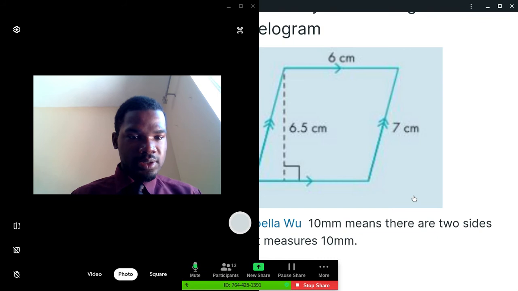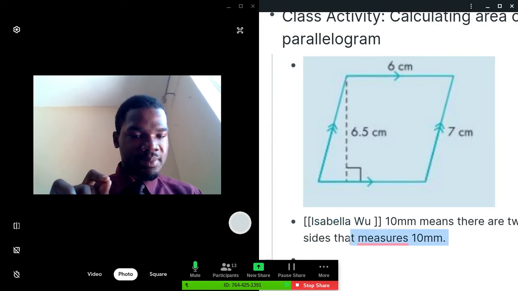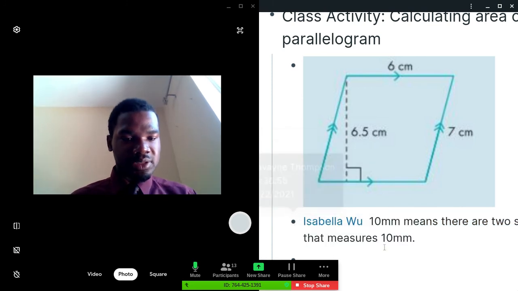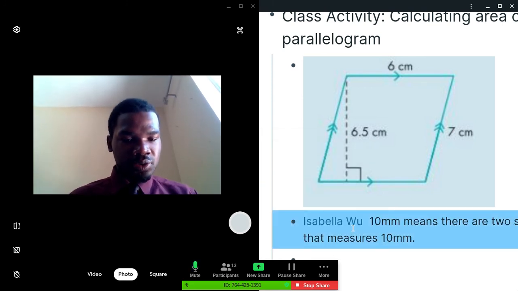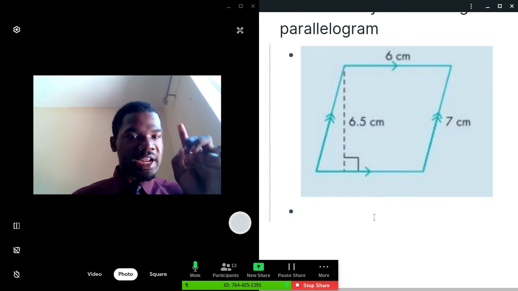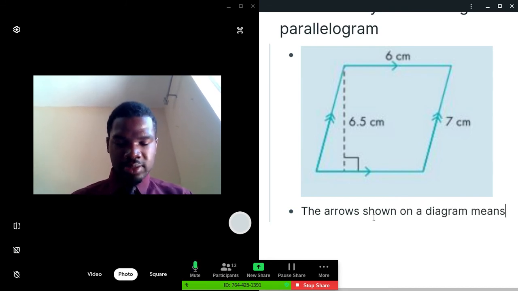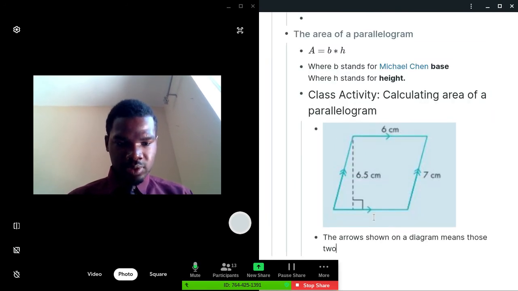Alright, good. So it's the same idea. That was excellent reasoning, George and Isabella, when you said that 10 millimeters would be seen for both. But don't you see some arrows on this diagram? Here's what those arrows mean. The arrows shown on a diagram mean those two lines are parallel.